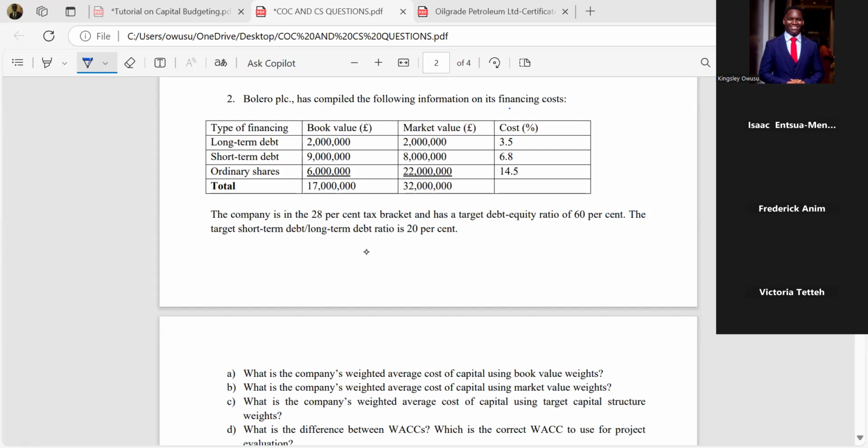The one that is a bit challenging is the C, the target capital structure, because the question gives you a target debt to equity ratio, and it gives you a target short-term debt to long-term debt ratio. So with these, you need to use this information to calculate your capital structure before you use that to compute your weighted average cost of capital.